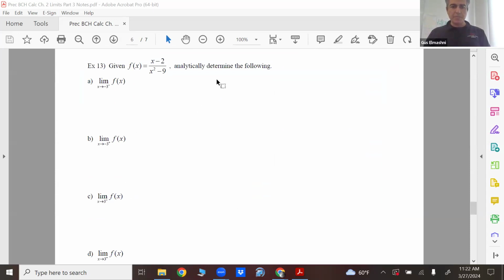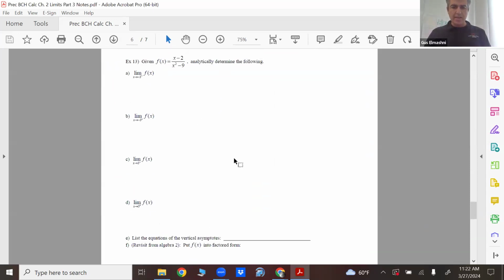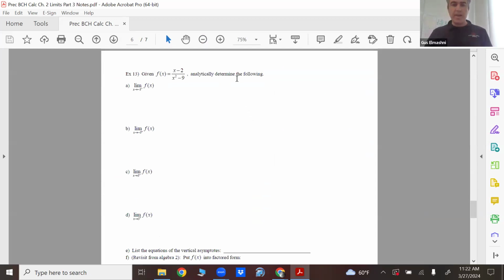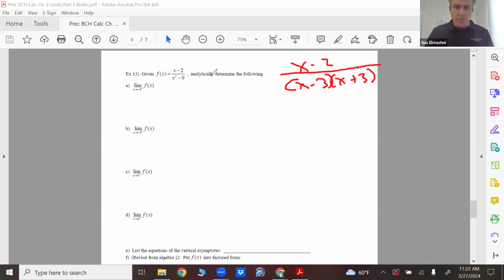Okay. See if I can actually zoom this out a tad. Okay, that's really tiny, but it's okay. So yeah, let me actually rewrite it like this. We're approaching 3 from the left. Actually, let's do the graph too. What the heck? Let's do the graph.